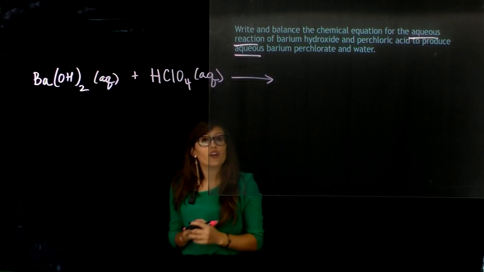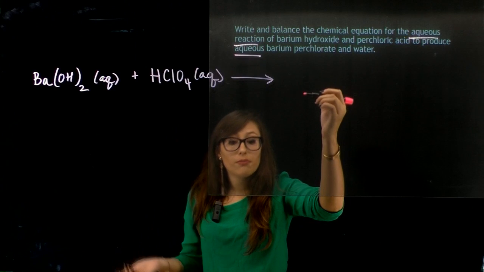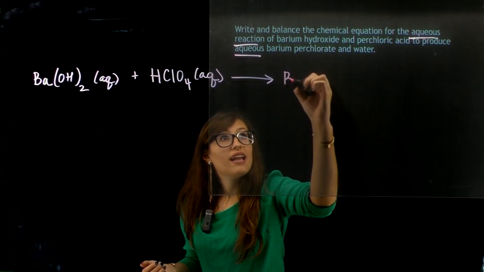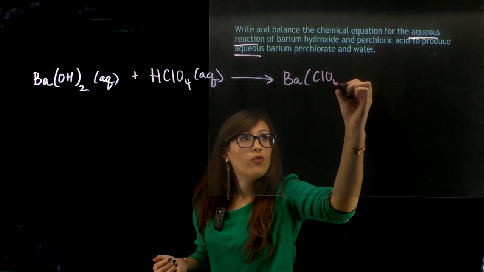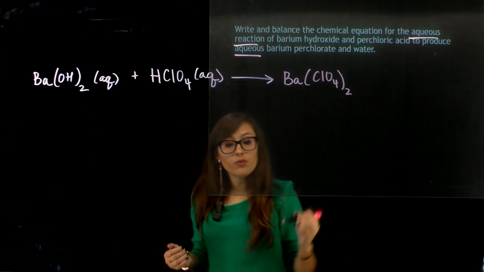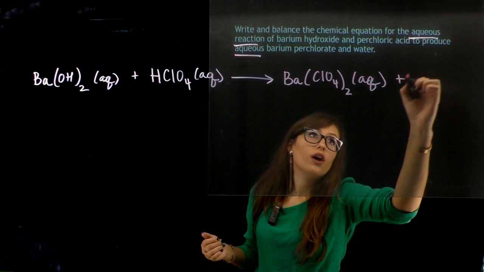We draw a reaction arrow, and we're producing barium perchlorate, so Ba, and we know what perchlorate is, ClO4, 2, which is also aqueous, and then water.